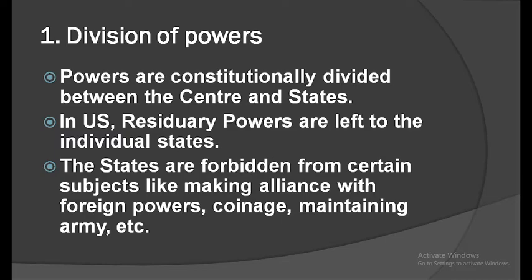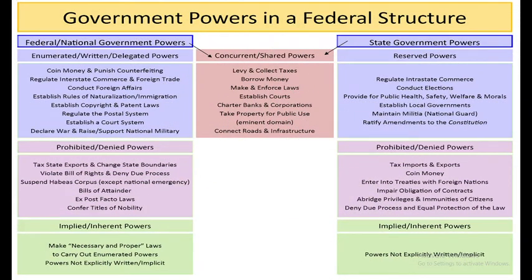In this table, we can clearly see the government powers in a federal structure. In the left column, we see the powers under federal government, which are enumerated or written in the Constitution, and then we also have some powers which are prohibited or denied to the federal government, and last, which are implied or inherent.